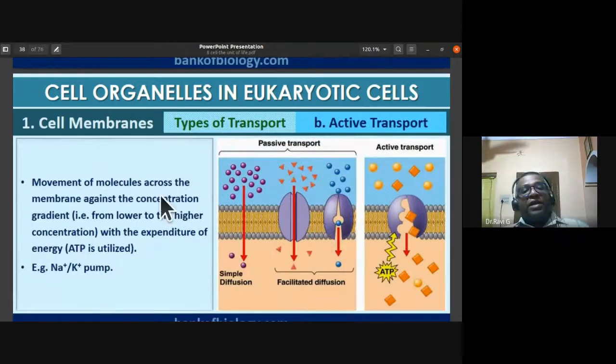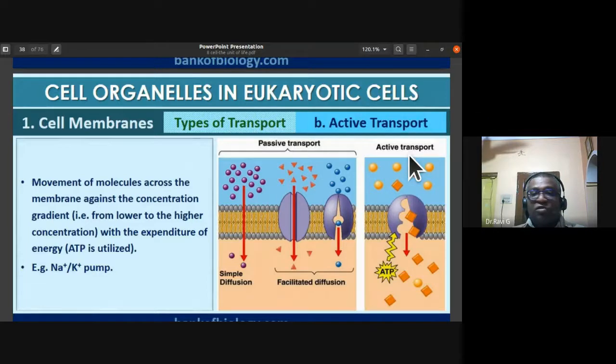Then movement of molecules across the membrane against the concentration gradient, that is from lower to the higher concentration with the expenditure of energy, ATP is utilized. So we call that active transport. So active transport is movement of molecules. You can notice here the second slide.